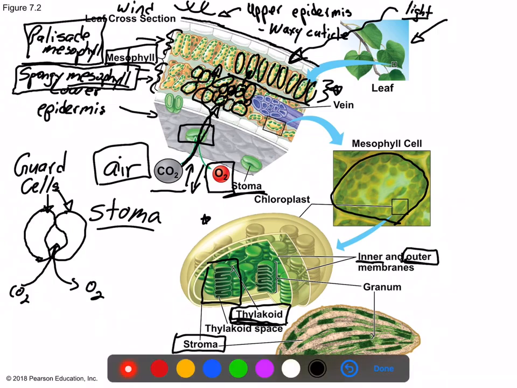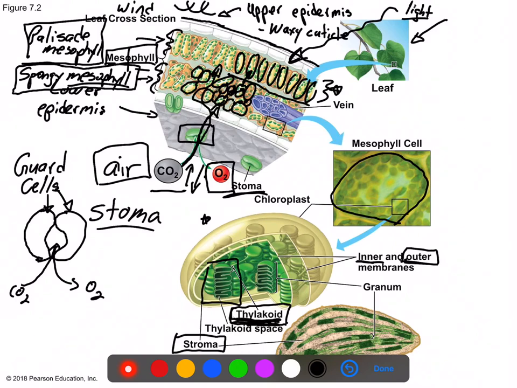The other portion of the chloroplast I want you to know really well is the stroma. The stroma is the liquid inside of the chloroplast. It's sort of similar to the liquid in the cell. The liquid in the cell is called the cytosol, if you remember.